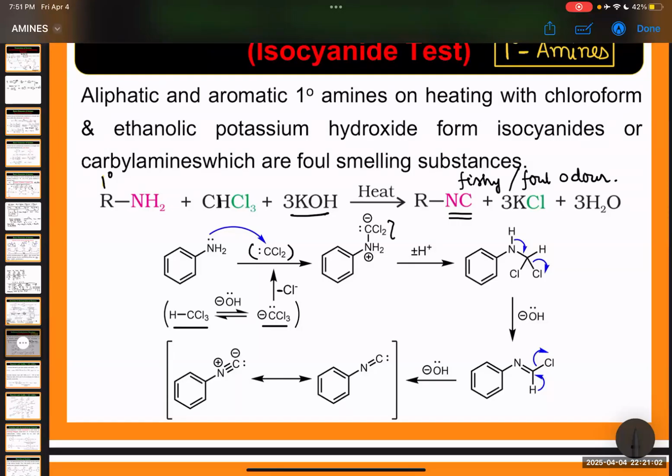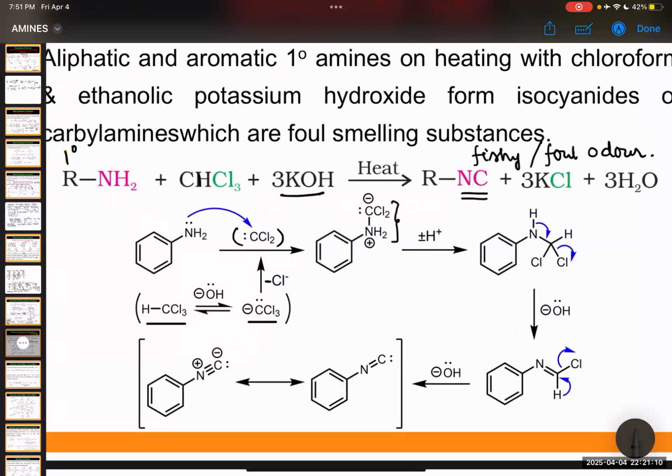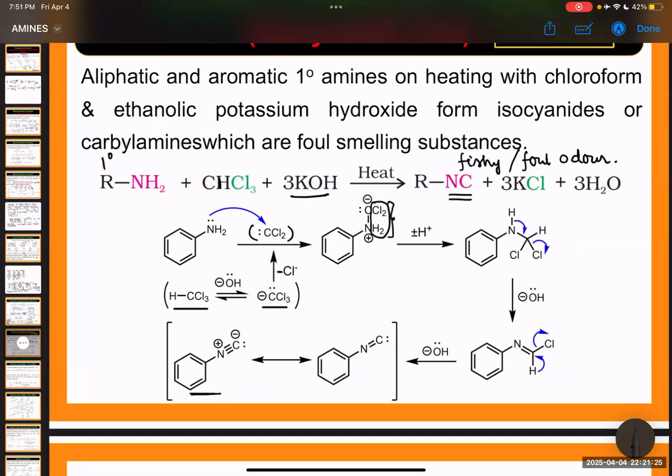So you have this kind of intermediate which is being formed, and because you have taken a strong base KOH, HCl will be removed one by one. Okay. So you will end up with a triple bond NC, isocyanide. That's how the reaction happened, and this is the mechanism.